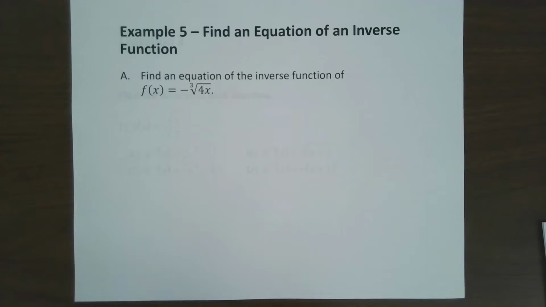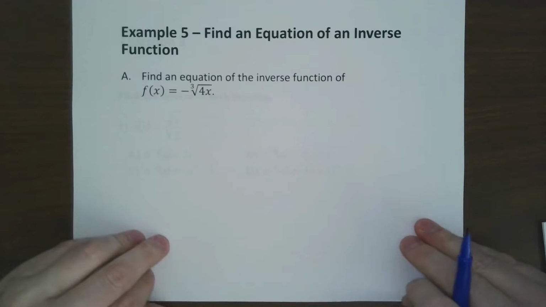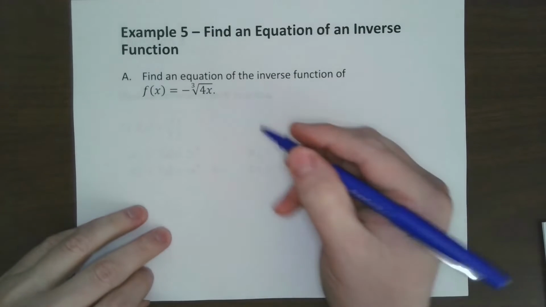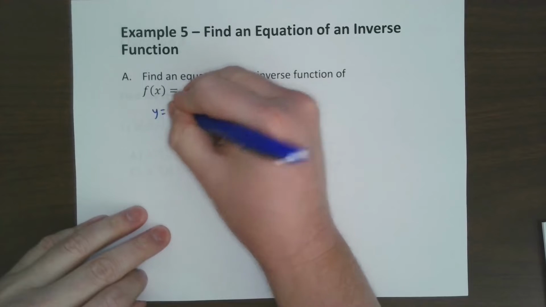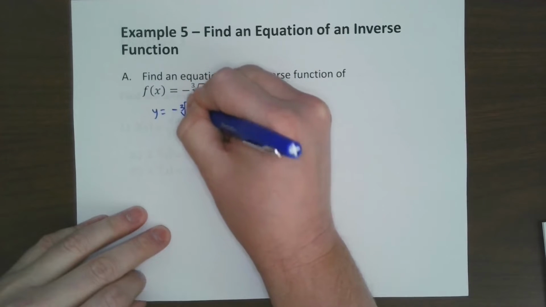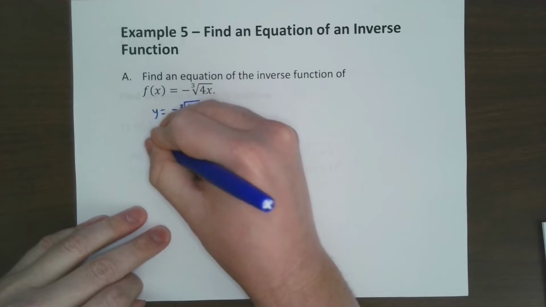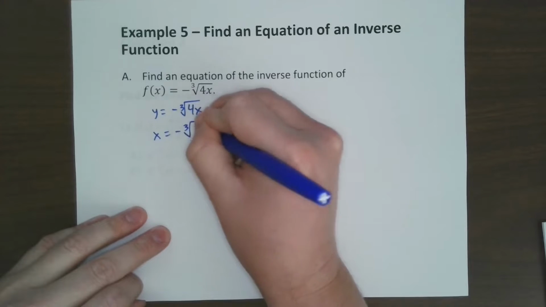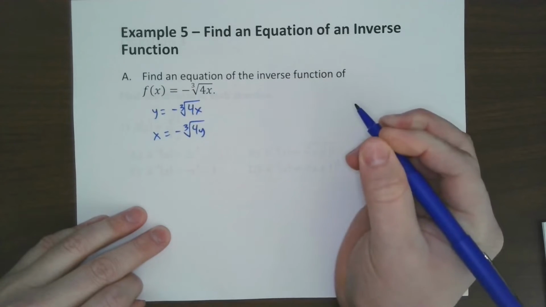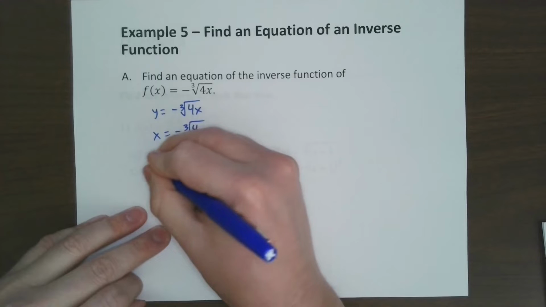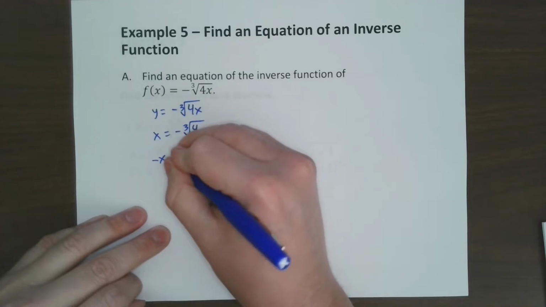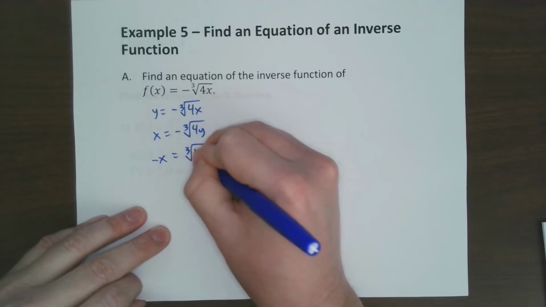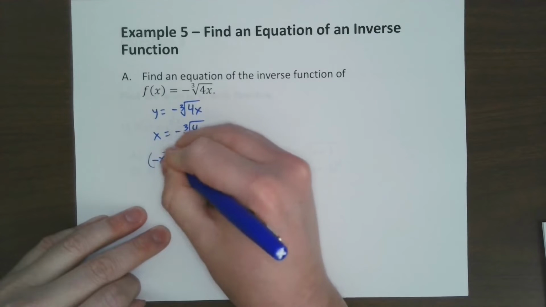Okay, to find the equation of an inverse function, let's do it again. So y equals negative cube root of 4x, switch x and y. Now I'm going to move the negative over, so negative x. I'm going to cube both sides.